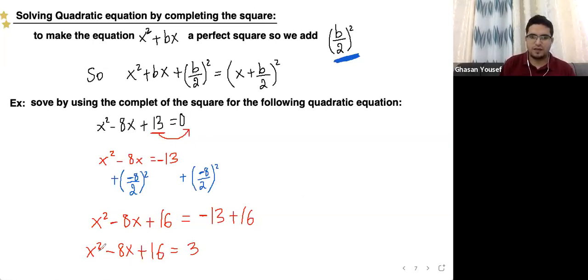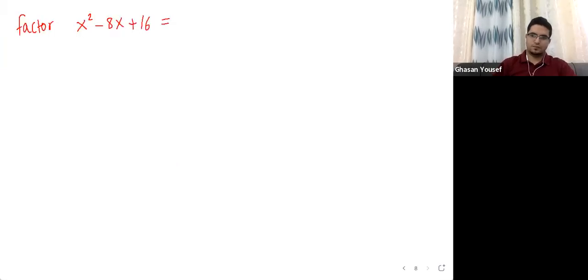So we have to factor this side, x squared minus 8x plus 16 equals 3. Now the factor, like Matthew said, is x minus 4, everything squared, equals 3.